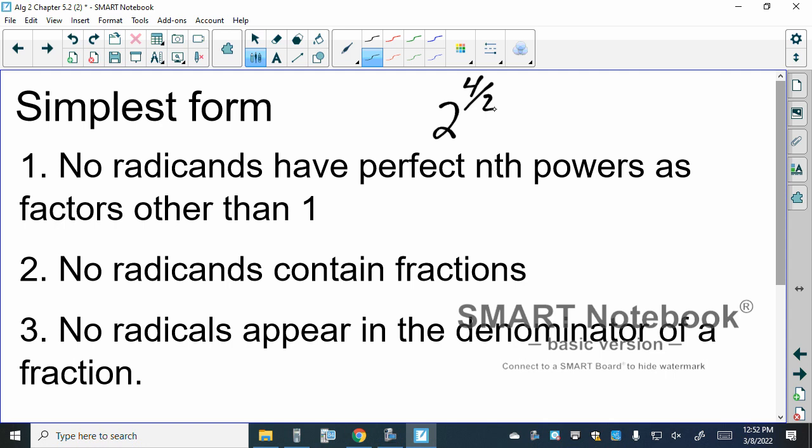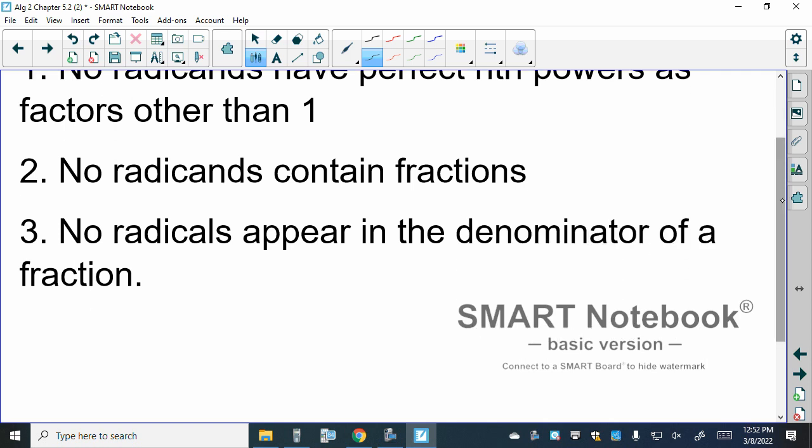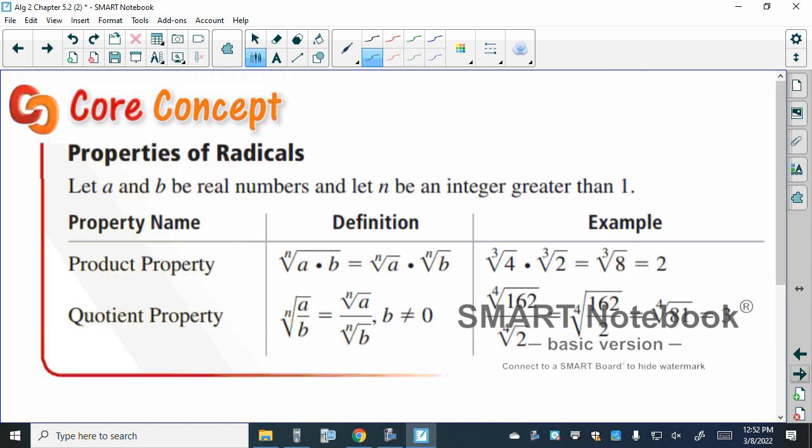We also can't have the cubed root of 8 left over because we could actually take the cubed root of 8. Cubed root of 8 is 2. We can't have any radicands contained in fractions, and no radicals can appear in the denominator of a fraction. This is what we wrote down yesterday, and it still applies to what we're talking about today.